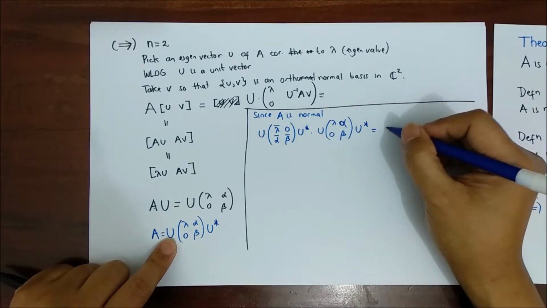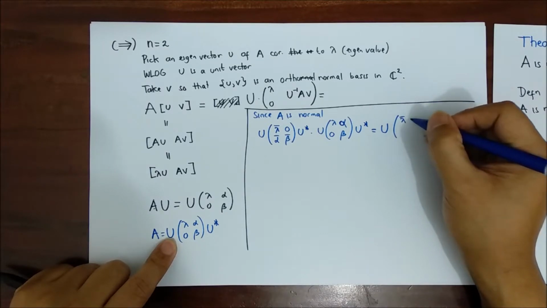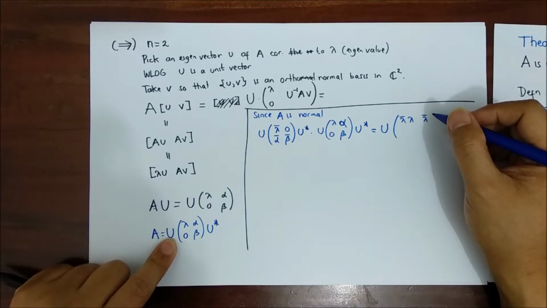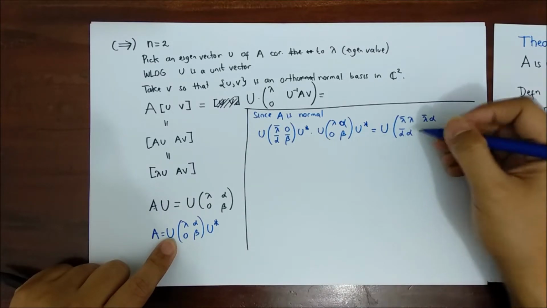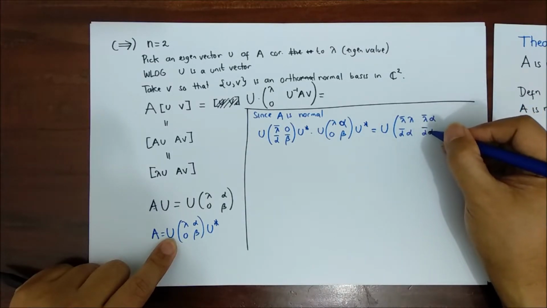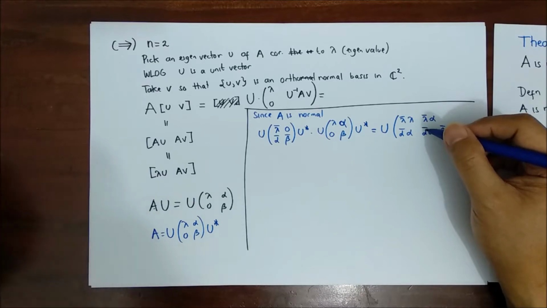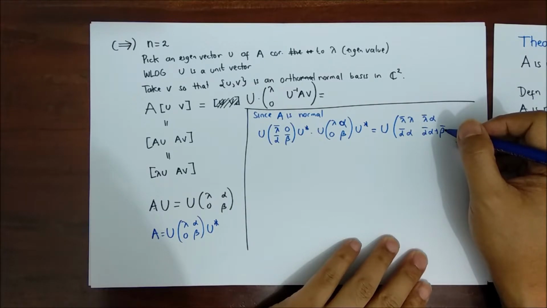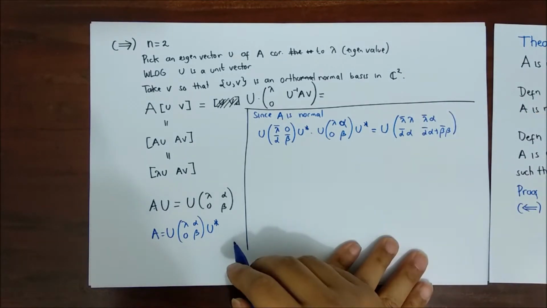If we simplify this, we get U times the matrix with entries lambda star lambda, lambda star alpha, alpha star lambda, and the last one is alpha star alpha plus beta star beta, the conjugate beta bar beta. Okay, and that is A star A.